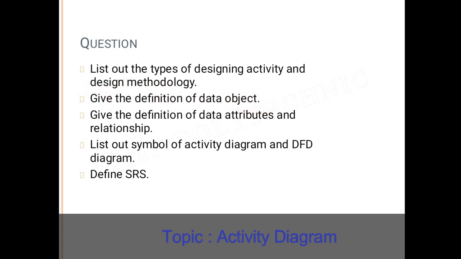Third, give the definition of data attributes and relationship, list out the symbols of the activity diagram and data flow diagrams, and define SRS. SRS stands for software requirement specification. These are all very important questions for the GTU exam.